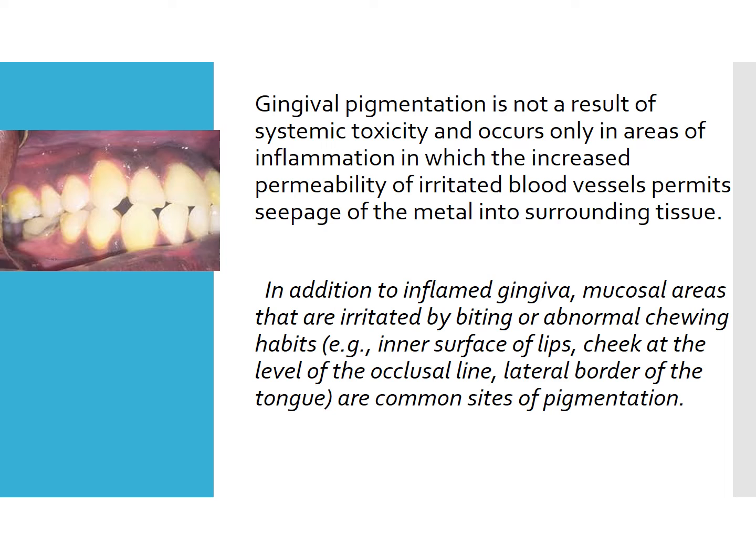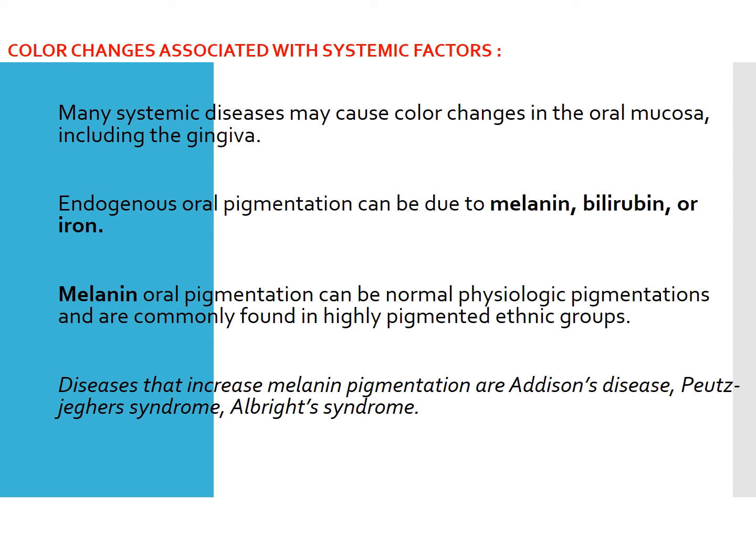So that's about metallic pigmentation. This leads to a bluish or blackish hue of the gingiva, mainly due to the inflammation in which increased permeability of irritated blood vessels permits the seepage of the metal into the surrounding tissue. Coming to the color changes associated with systemic factors, systemic diseases may cause changes in the oral mucosa, including the gingiva also.